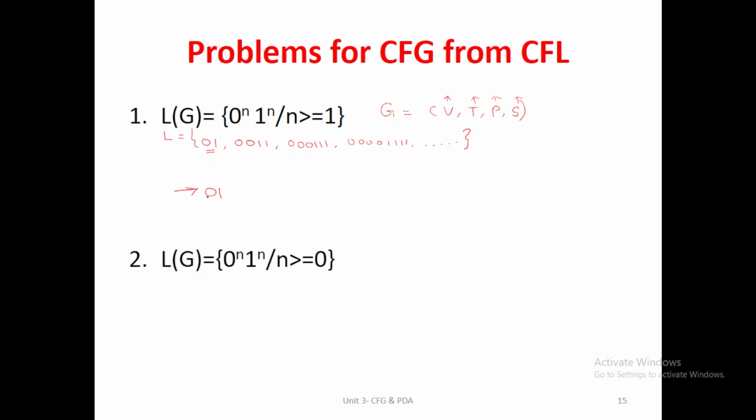Second, the left side symbol should be a non-terminal. The right side may be terminal followed by non-terminal, non-terminal followed by terminal, or both combinations.